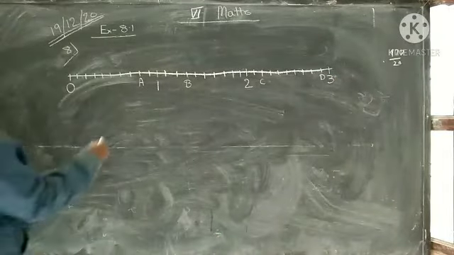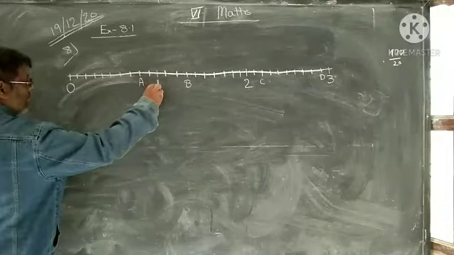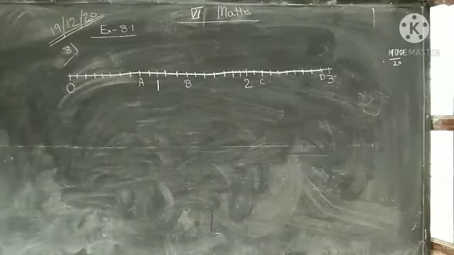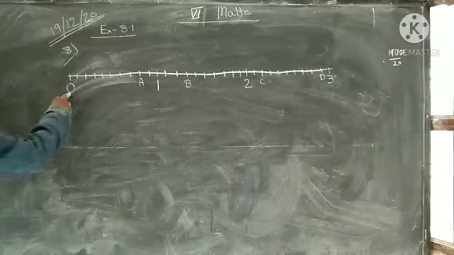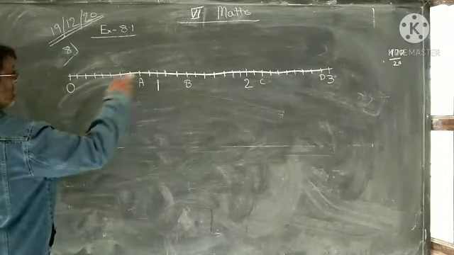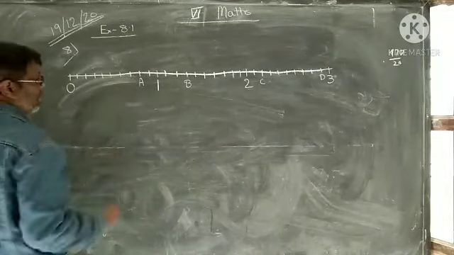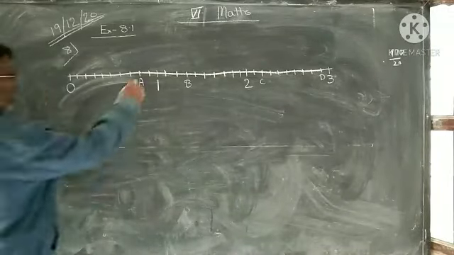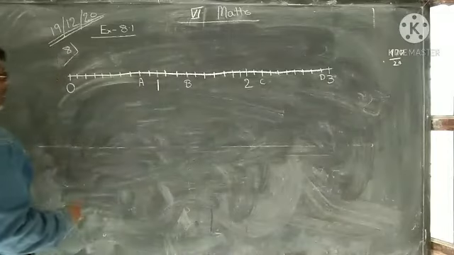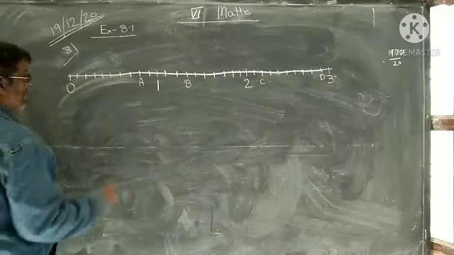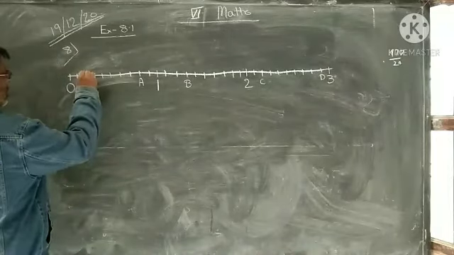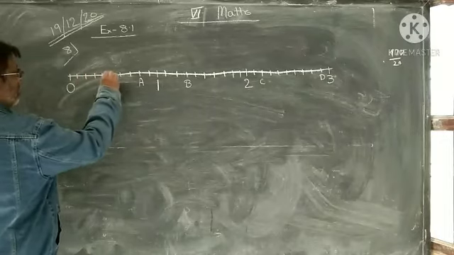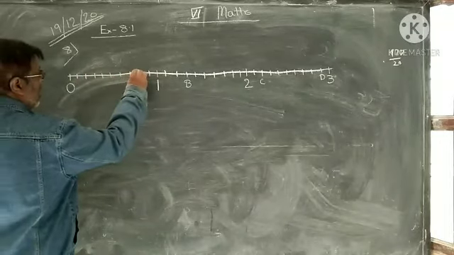So now if you look over here, 0 and 1, this is divided in 10 parts, and the first one, A, is written on 0.8. If you look, 1, 2, 3, 4, 5, 6, 7, 8.